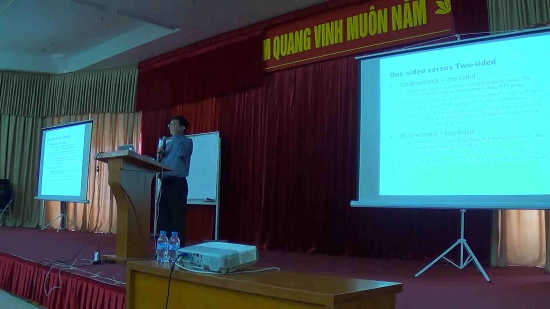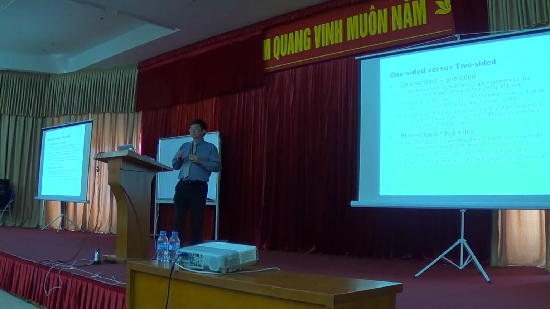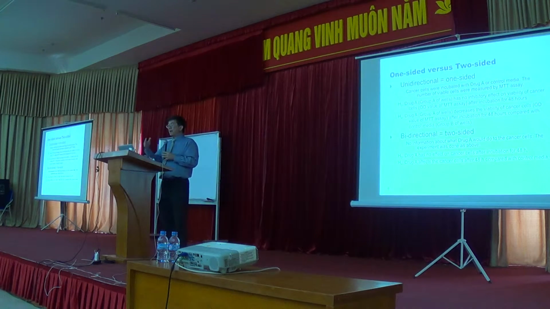Okay, so if you frame your question that the null hypothesis is drug A, meaning that the group A of wells have decreased viability of the cancer cells compared to the control media, the group B of wells, after incubation for 48 hours.